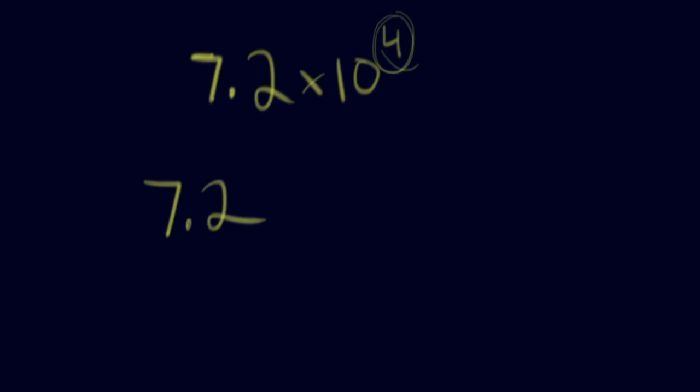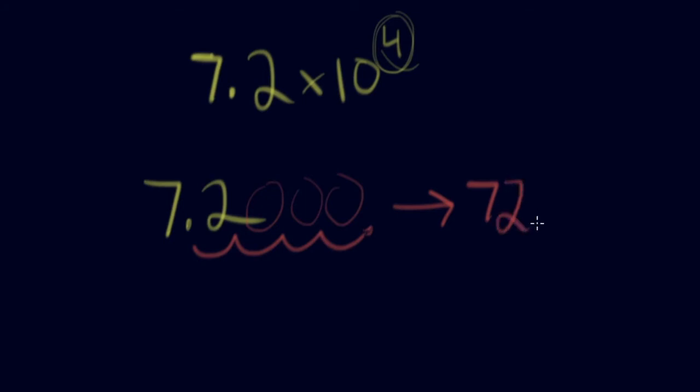So I'm thinking it's going to be a big number. Because this really means 7.2 times 10 times 10 times 10 times 10. So I'm going to move my decimal 4 places to the right. 1, 2, 3, 4. And I'm going to fill these in with zeros. So if I had to go and expand this, my answer would be 72,000.